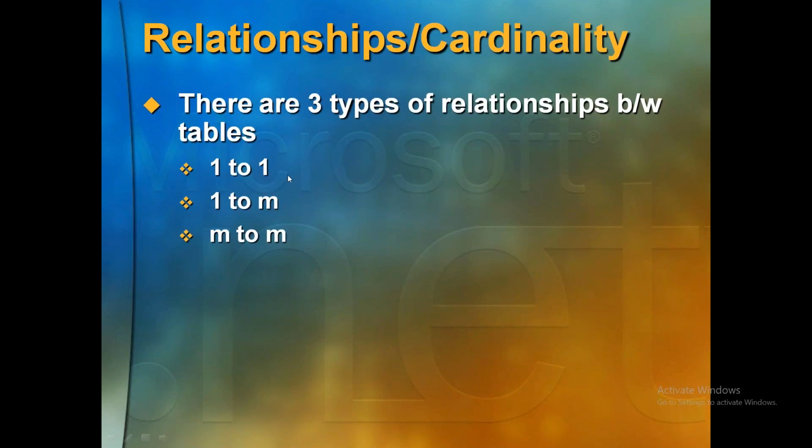Clear? In one to one, any table's primary key can become a foreign key in the opposite table. In one to many, only the parent table's primary key can become a foreign key in the opposite table. In many to many, you cannot create foreign keys directly. You have to create one more table. That is what is called a bridge table.